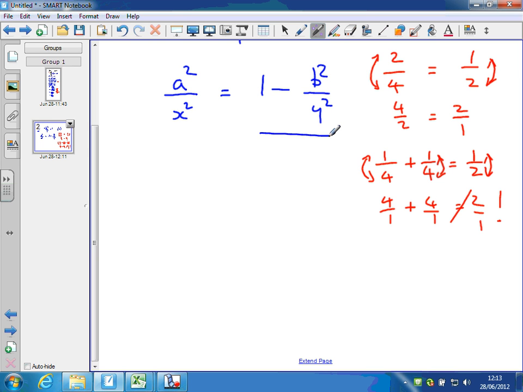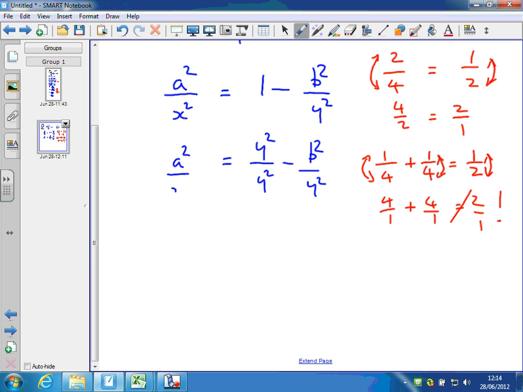one fraction by making this a common denominator. If I take this 1 and make the denominator there y squared, I can make it into one fraction. So y squared over y squared minus b squared over y squared equals a squared over x squared.